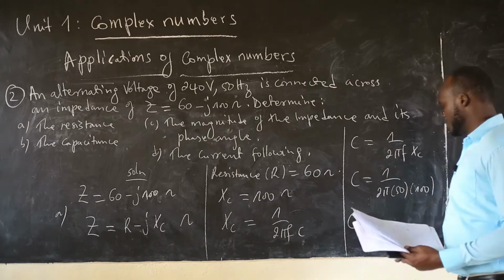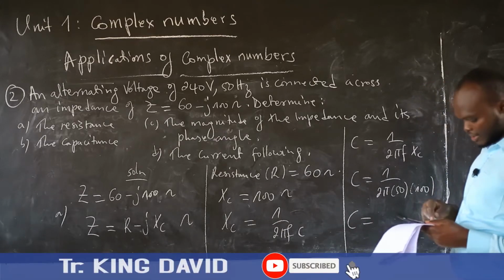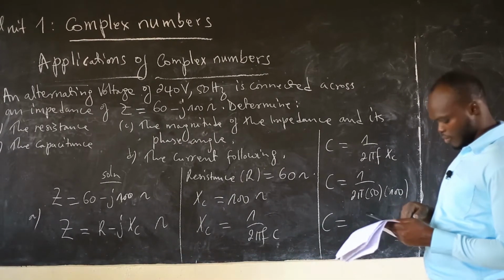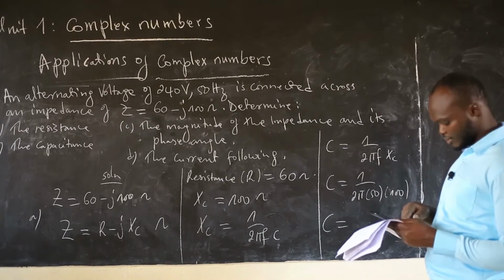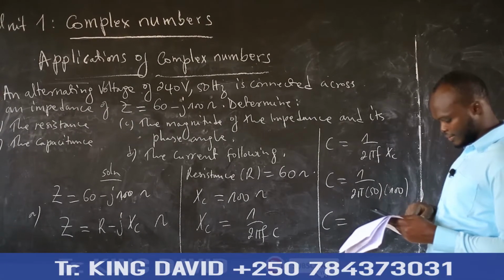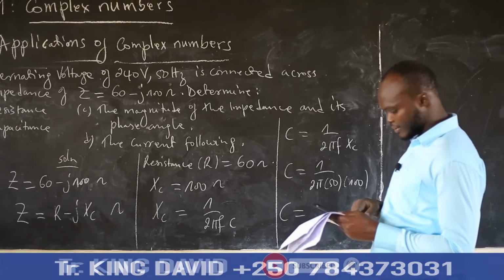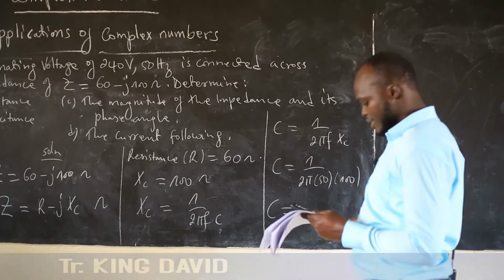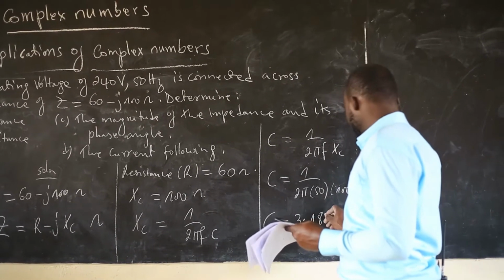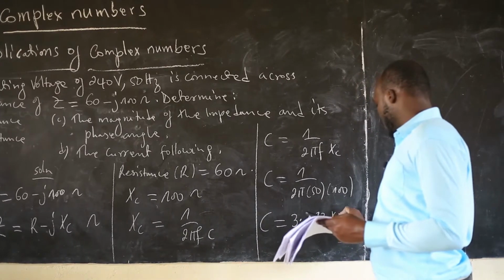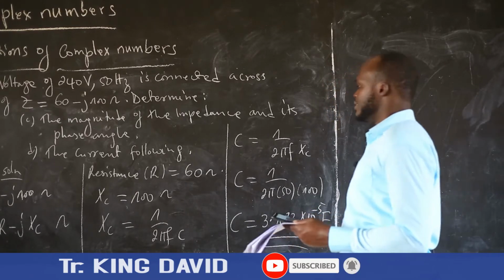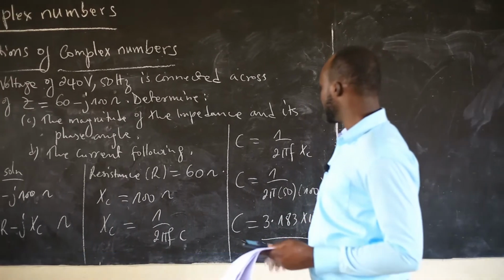When you use the calculator, we get 1 divided by, in brackets, 2 pi times 50 times 100. So now the answer is 3.18 times 10 power negative 5 farad. That is the capacitance, which is B.